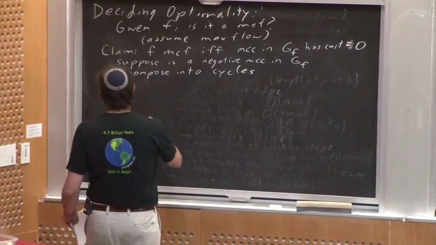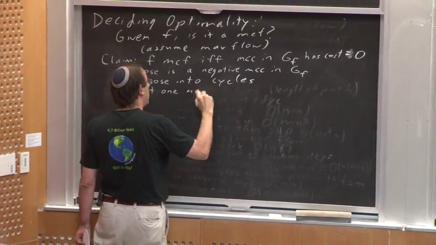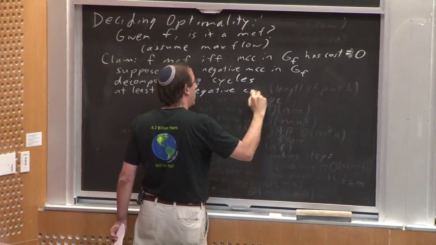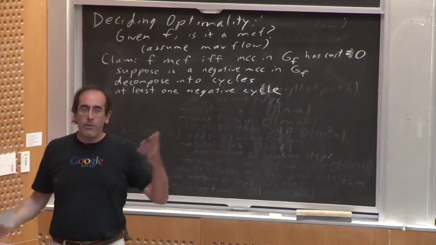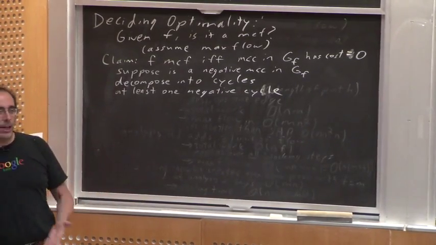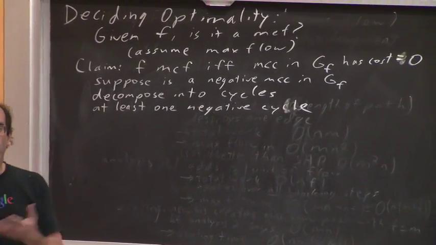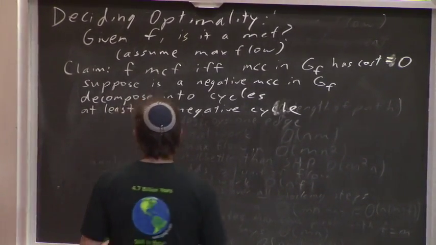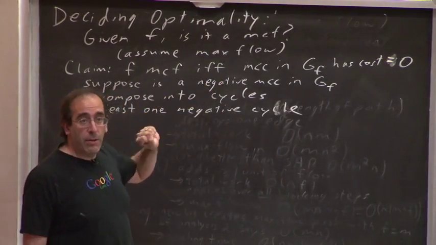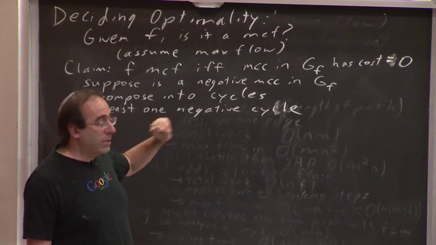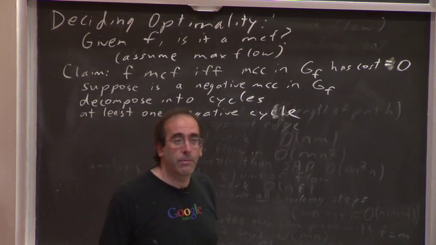At least one is negative. Right, so the sum of this decomposition has to be negative, and so the only way that the sum can be negative is if there's at least one term in the sum that is negative. Okay? So if there is a negative circulation, then there's a negative cycle, right?